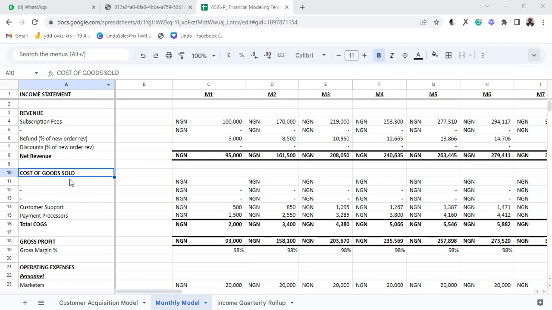So when you look at the cost of goods sold here, we don't have anything here. Now let's look at the customer support. At the customer support, we are spending 500 naira here. So why are we spending 500 naira? It is because we have 100 customers. So 5 naira times 100 customers will give you 500 naira.